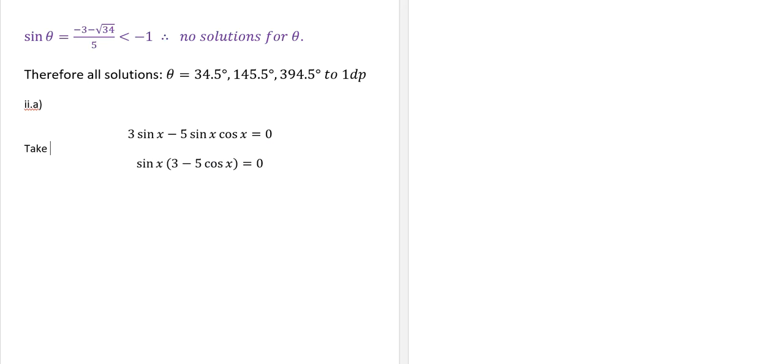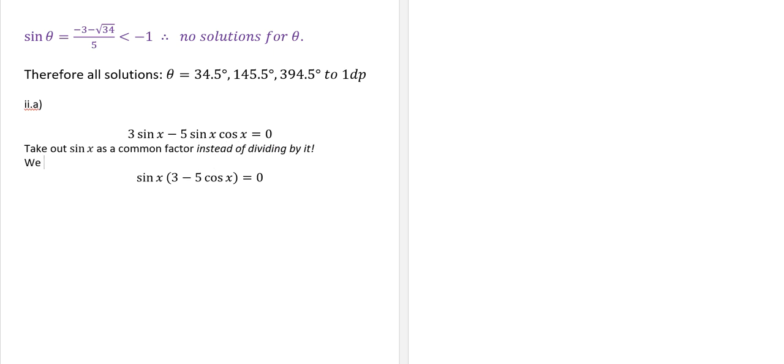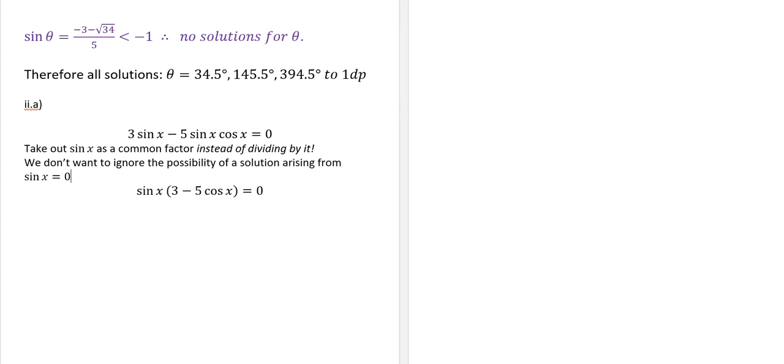So we are going to take out sine x as a common factor instead of dividing by it. Basically, we don't want to ignore the possibility of a solution arising from sine x equals 0.